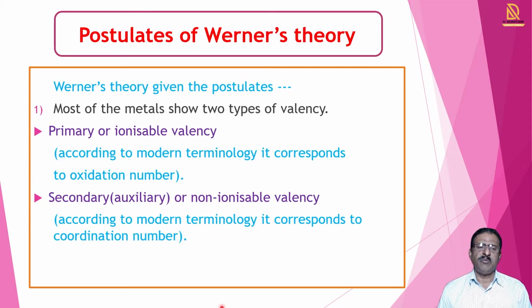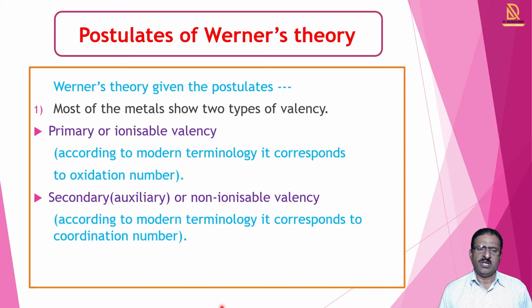In the case of a metal with primary valency +3, the metal has oxidation number +3, and to balance that +3 charge it acquires that primary valency.